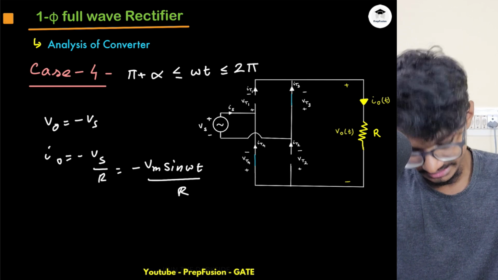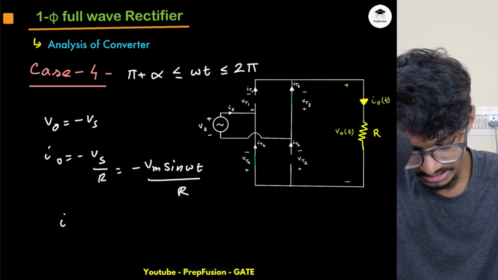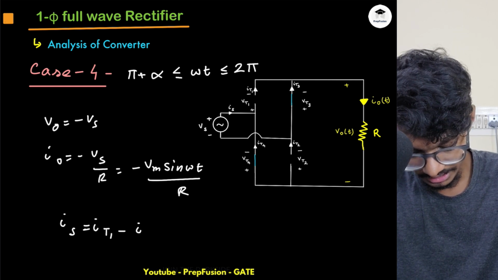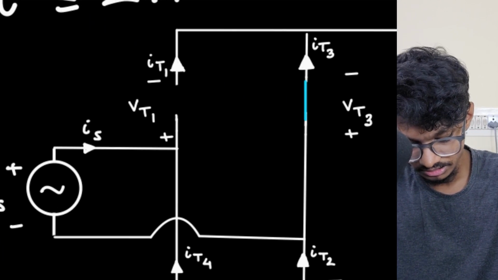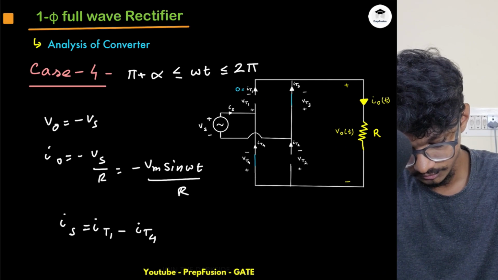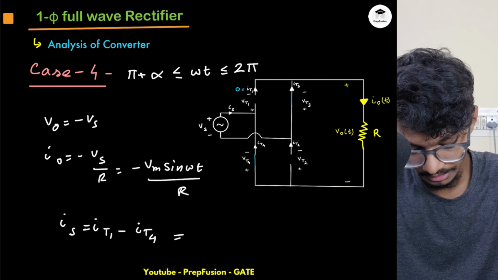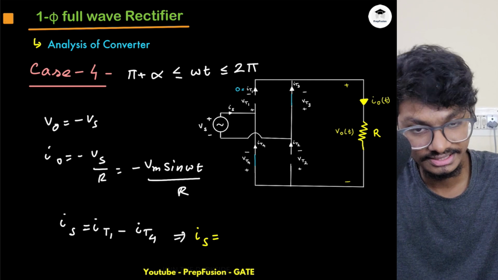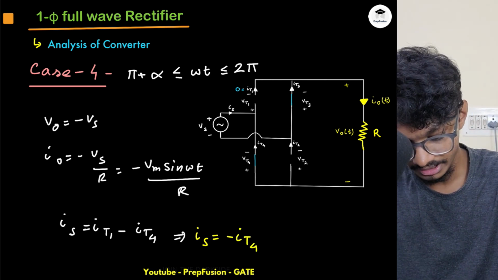Now what about my IS? I can again apply KCL. IS equals, from the previous KCL, IT1 minus IT4. This time my IT1 is 0 because this is off. So my IS is equal to minus IT4. And what is my IT4? I can apply a KCL here.